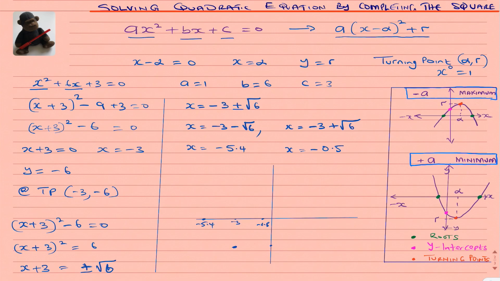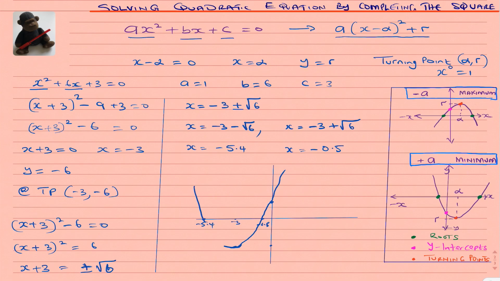It's crossing y at 3, which is c. So when we sketch this graph, you want to sketch it like that, the turning point is there, and it's going all the way.